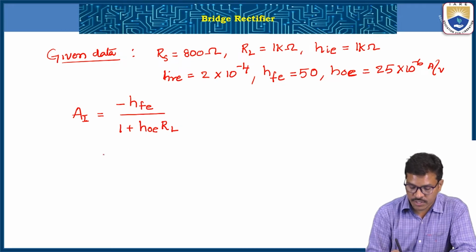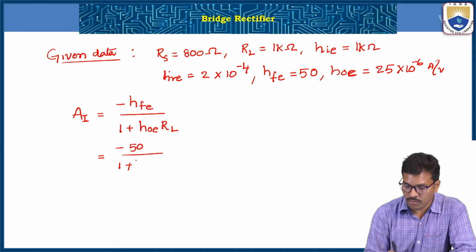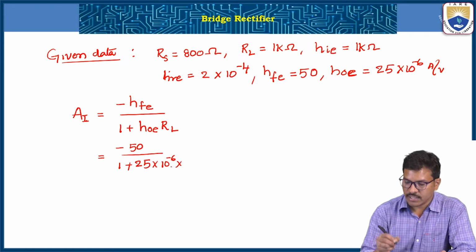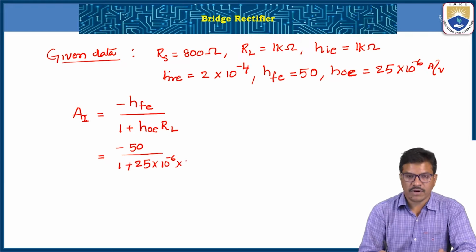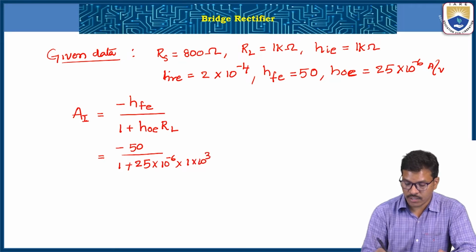So substitute this: minus hfe is equal to 50 divided by 1 plus hoe, which is given as 25 into 10 to the power of minus 6, RL is given as 1 kilo, 1 into 10 to the power of 3.